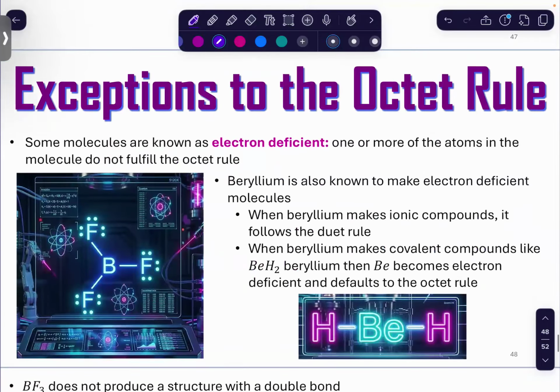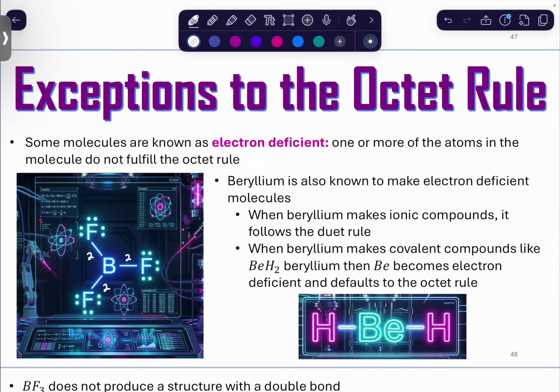Now we'll talk a little bit about exceptions to the octet rule. We've already talked about boron. So there, you see that boron is electron deficient. Beryllium is electron deficient. So boron, as you notice, has two, two, and two. That's six electrons, so it doesn't reach the octet, so it's electron deficient.